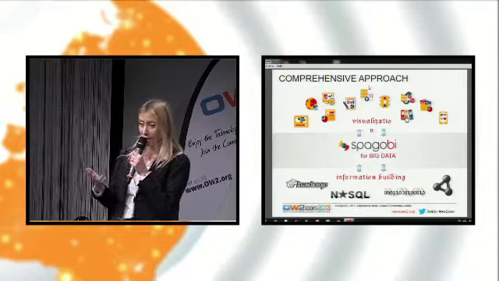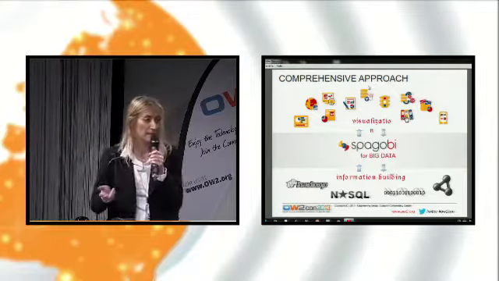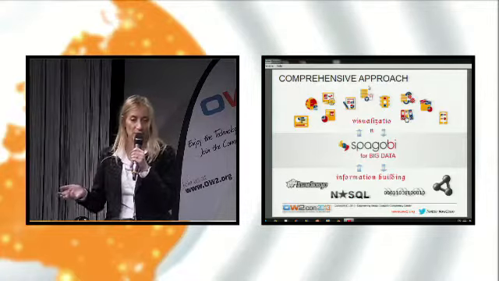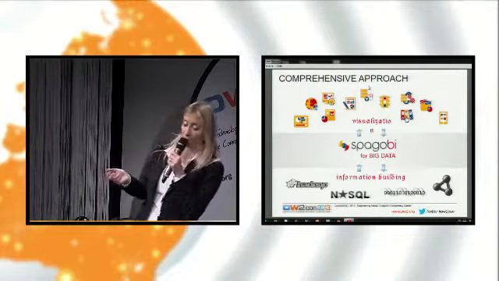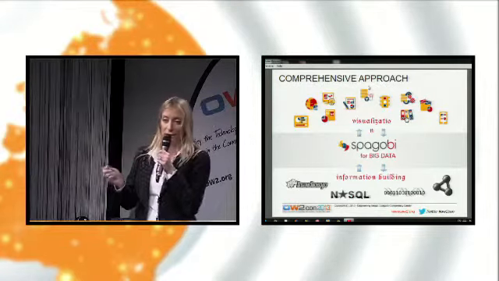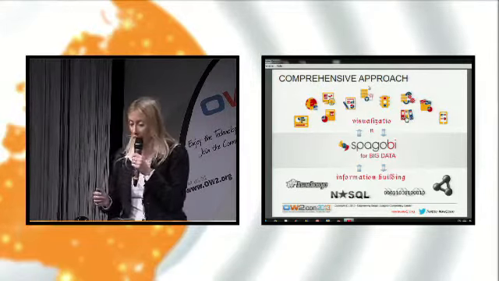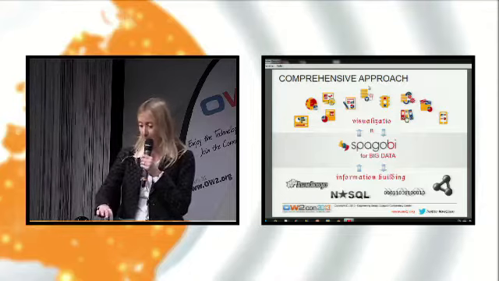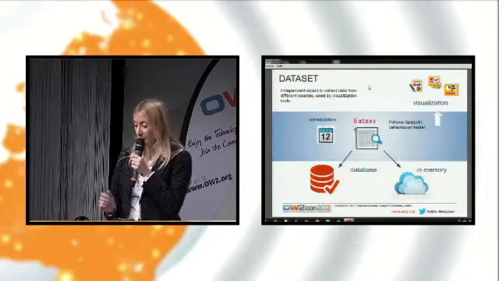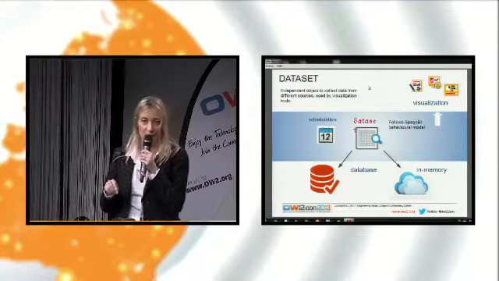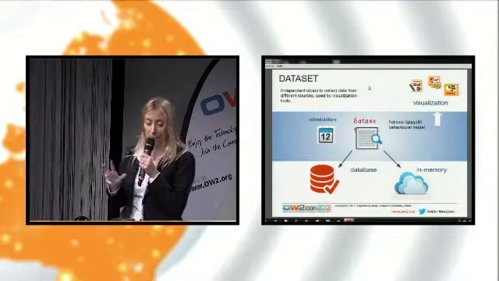On the visualization side, we have many different kinds of visualization tools that, according to the type of data you have to represent, can work together to provide a full and complete representation of the data. So the first concept we are going to focus on is the concept of dataset, which is very important.